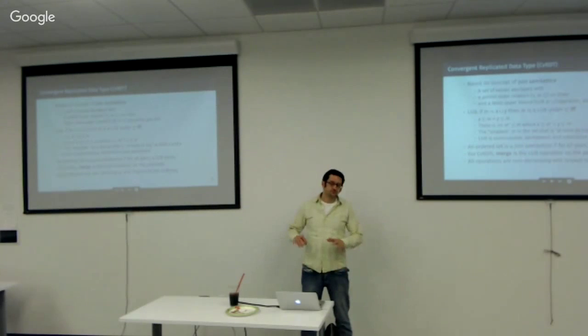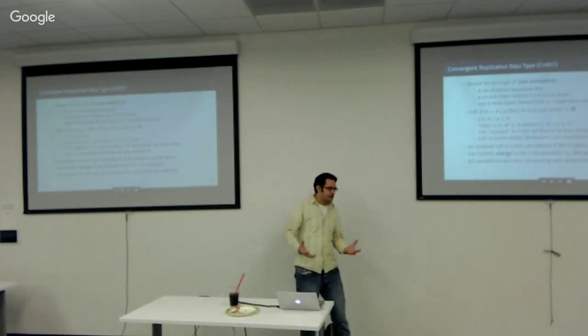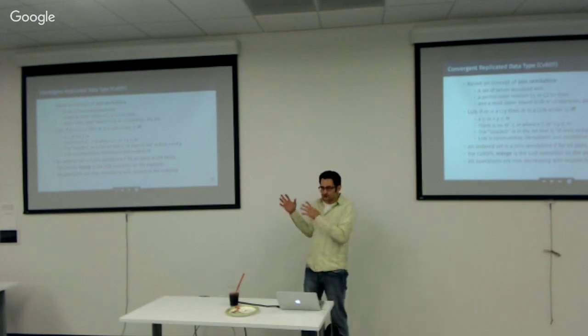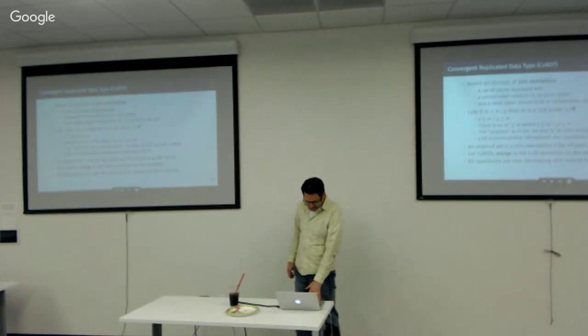Anyway, it's kind of tricky to understand what this means and set your data model up this way. But if you can do it, then you get wonderful properties out of it, and we'll see some examples. The other important point is the last two of them.